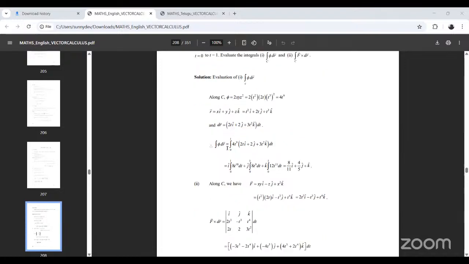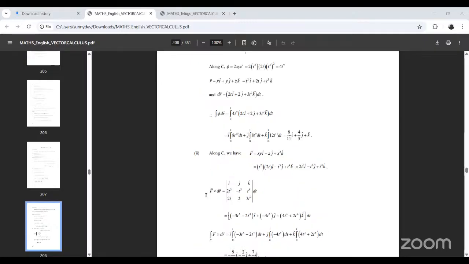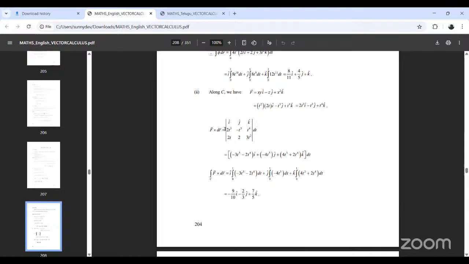Now, say the second problem, along the curve C, that F equal to xyi minus zj plus x square k. Again, we have to substitute x equal to t square, y equal to t, and z equal to t cube. Yes. Okay, then we are getting F cross dr. So this is F cross dr, with this column, plus j into, and similarly k into.